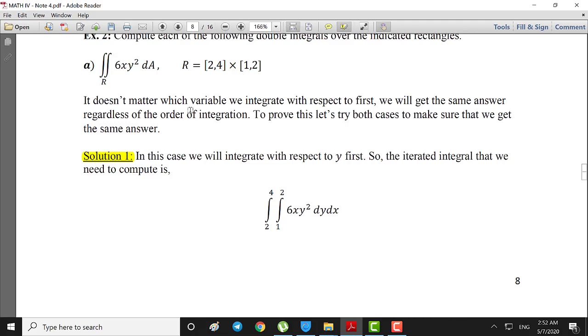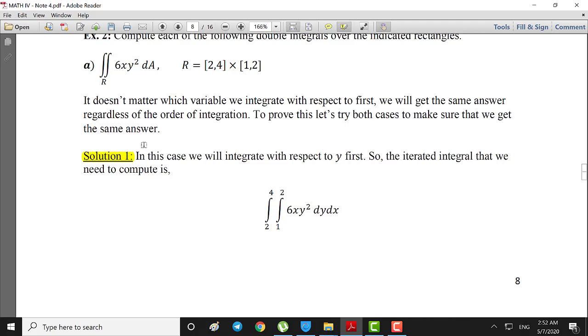It doesn't matter which variable we integrate with respect to first, we will get the same answer regardless of the order of integration. To prove this, let's try both cases to make sure that we get the same answer.